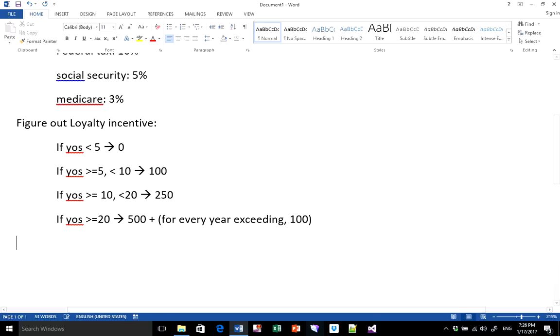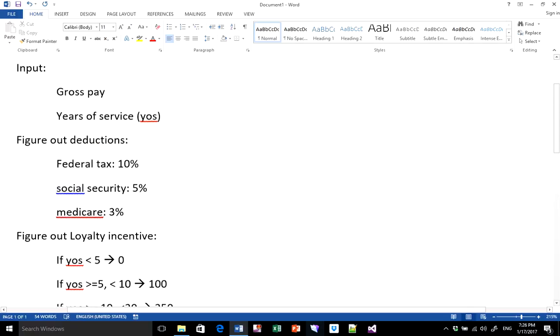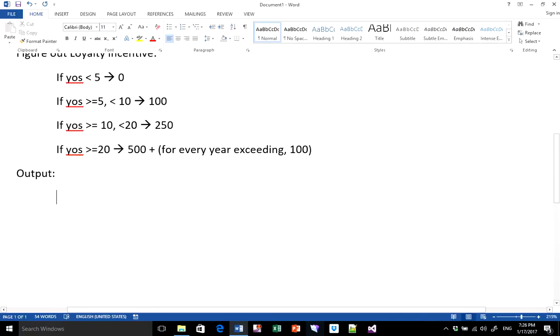So the output will be after the input. This will be the input, and this right here, output, will be deductions: fed tax, Social Security, Medicare. I'm just coming up with some numbers here.